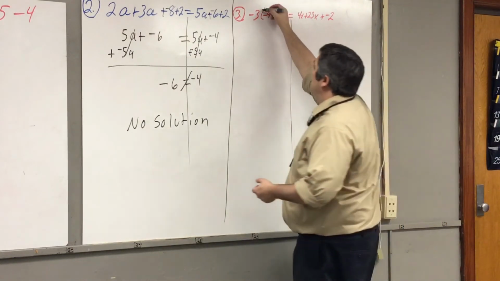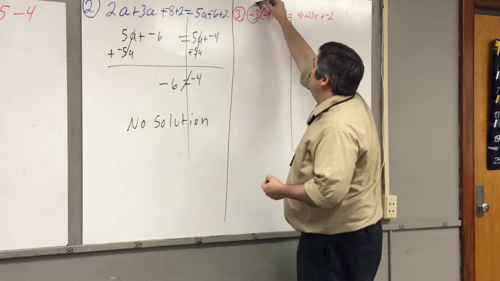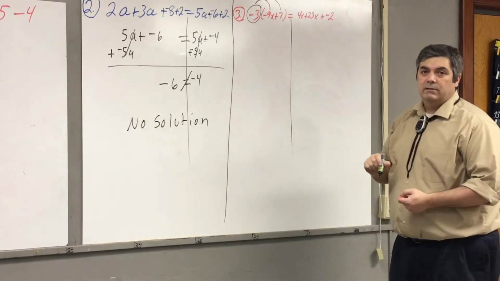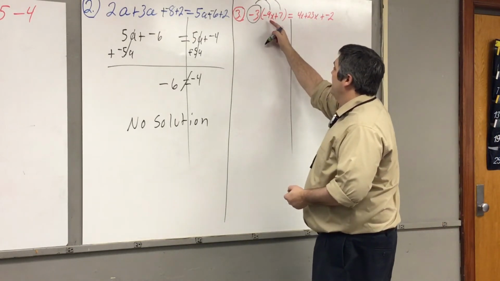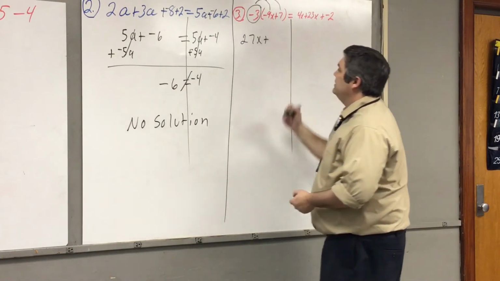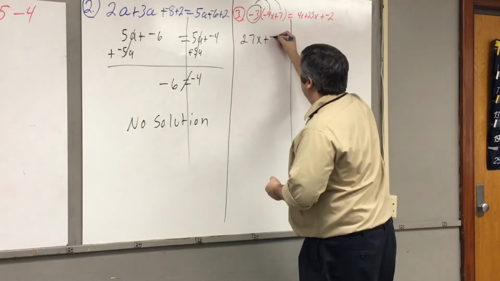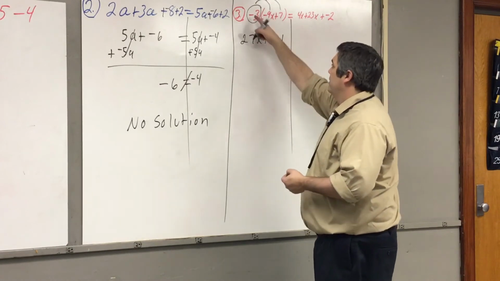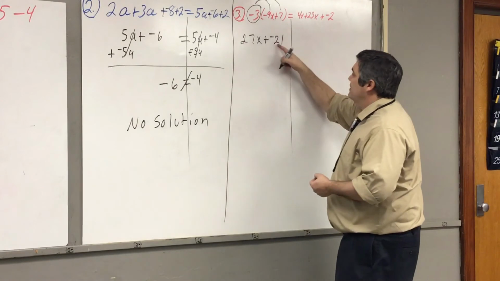So I'm going to take this and multiply it times each term inside those parentheses. So I've got negative 3 times negative 9x gets me 27x, plus negative 3 times 7 gets me negative 21. A negative times a negative gets me a positive. A negative times a positive gets me a negative.